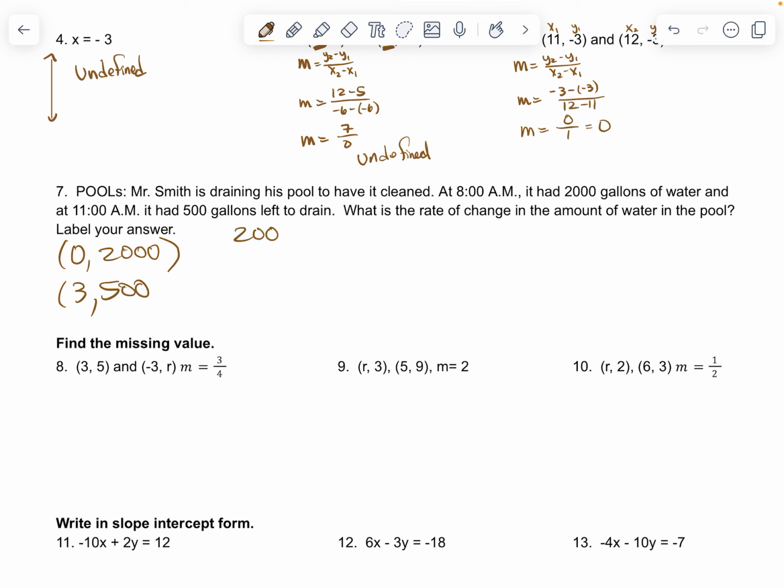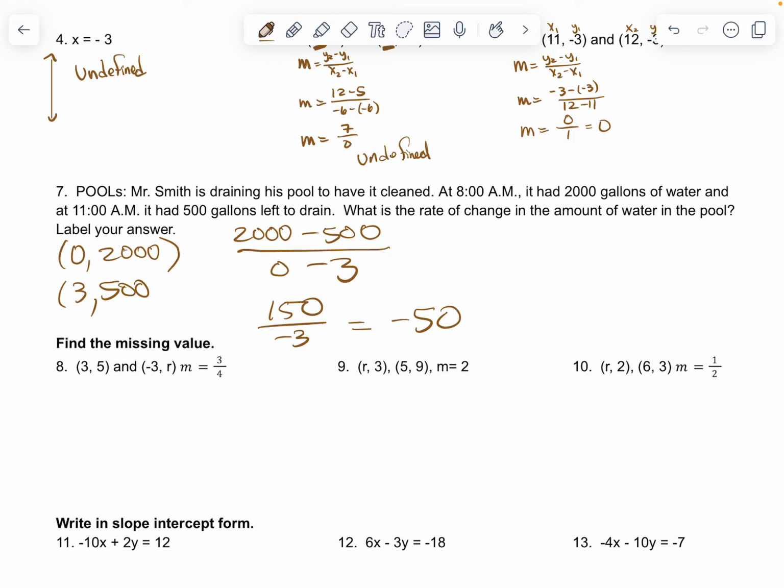So 2,000 minus 500 over 0 minus 3. So that's going to get 1,500 over negative 3. So negative 500 is my slope. Because this is a word problem, we don't want to just say negative 500.